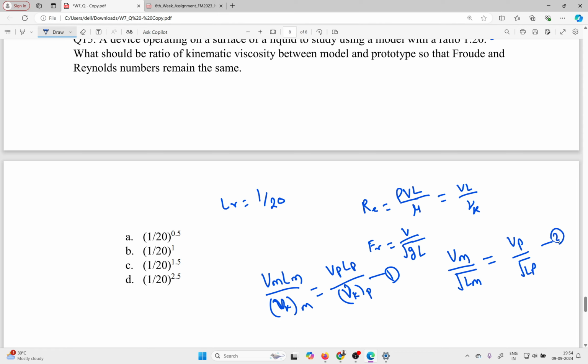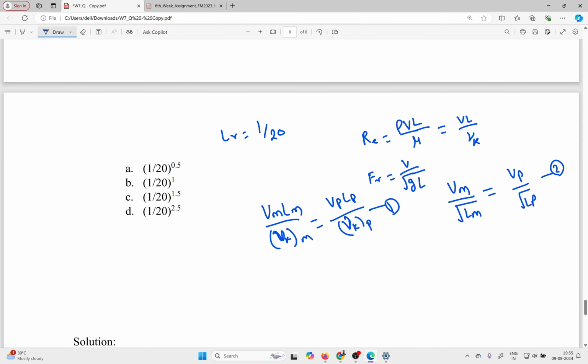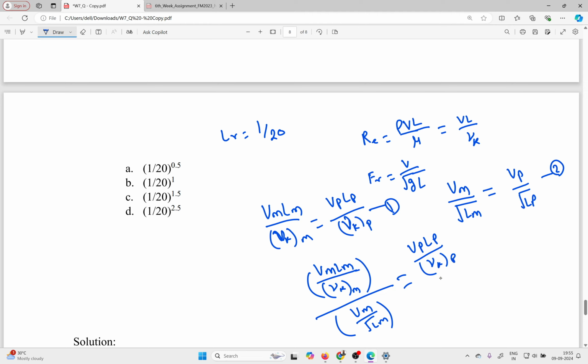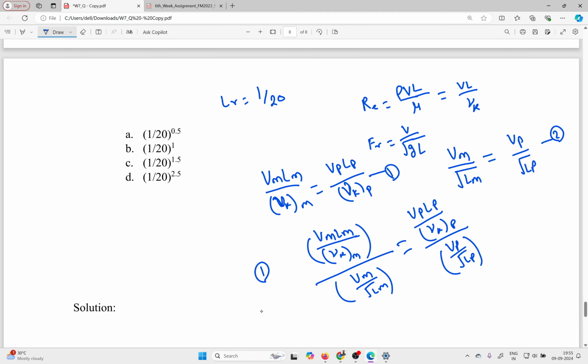Now you can divide this side and this side. Equation 1 divided by equation 2.